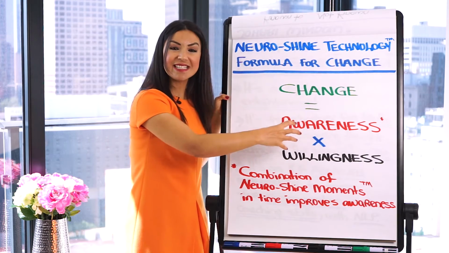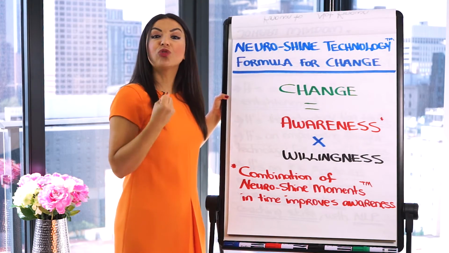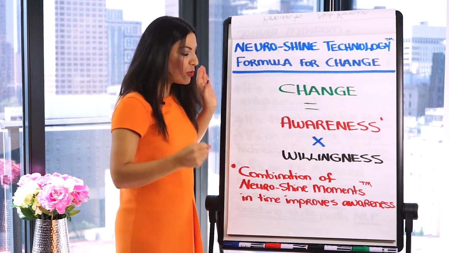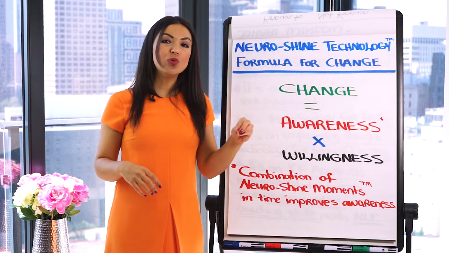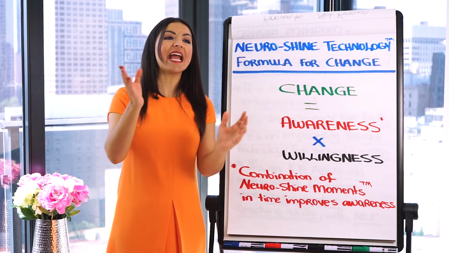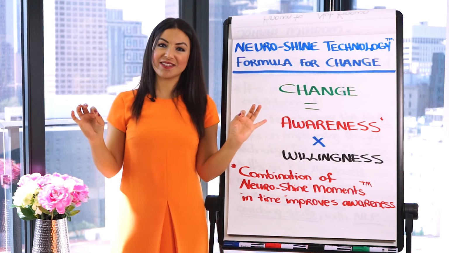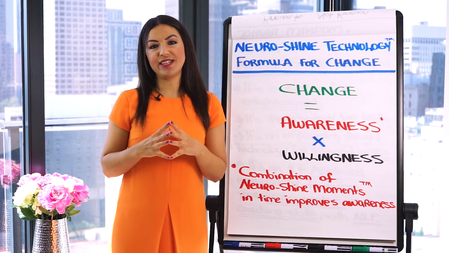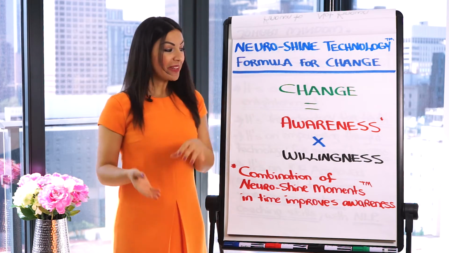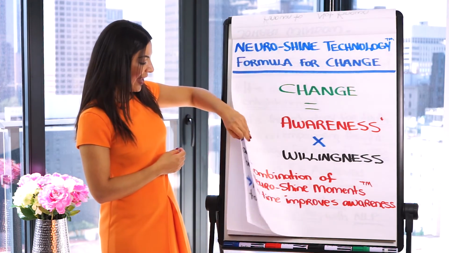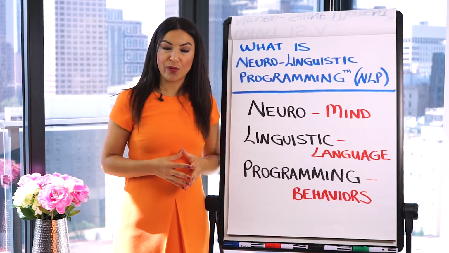And with that awareness, now you have the knowing, now you have the tools. You just need to be willing to apply these tools so that you can reverse engineer anything and reprogram your mind for success. That's the understanding. And that is what's possible for you. This is the formula, and this is the definition of neuro-linguistic programming.